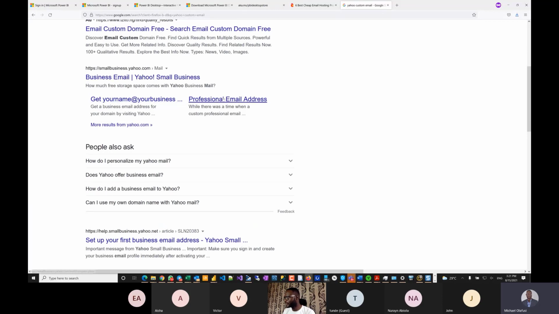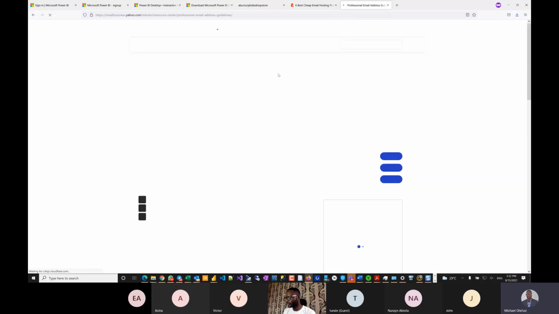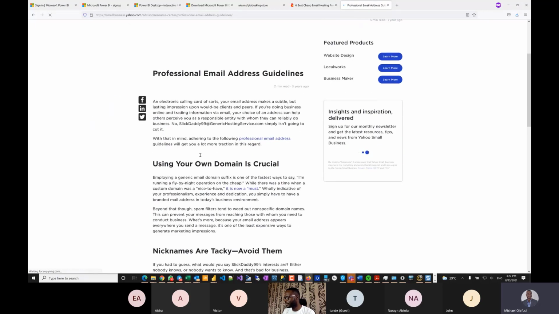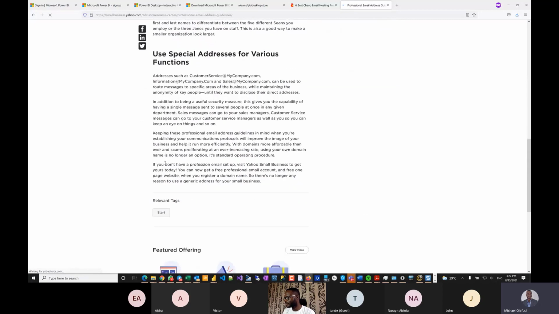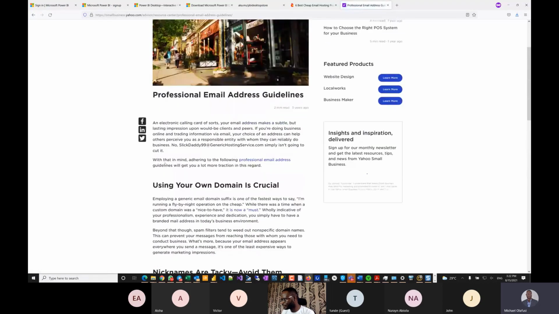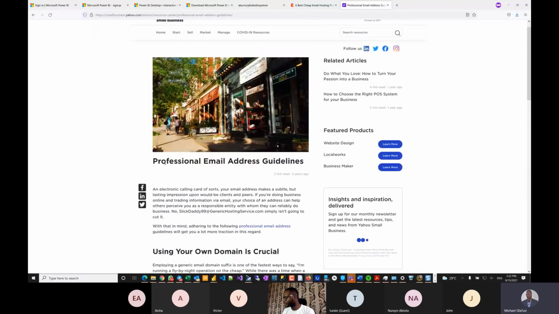All you do is get your name, professional email address, and it will be redirecting to your normal Yahoo email, right? I don't know the current price, but 7 years ago when I tried, it was very cheap. I almost did it, but I went for Google because Google gave me some more options. But Google was more expensive.